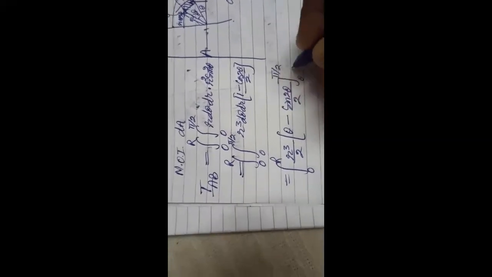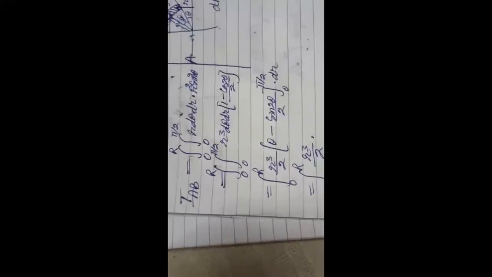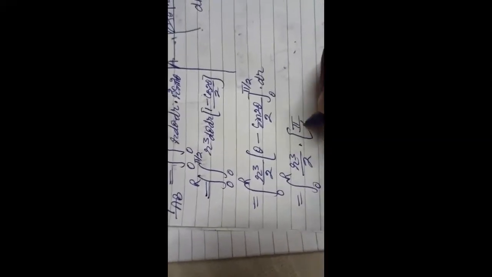And this is equal to 0 to r, r cube by 2, and on integrating, theta minus sine 2 theta divided by 2, and limits 0 to pi by 2, and this is dr. So now on putting the limits, this will give you pi by 2.